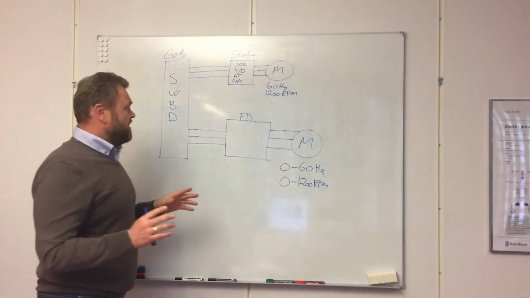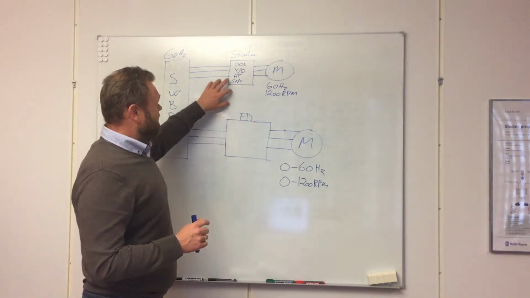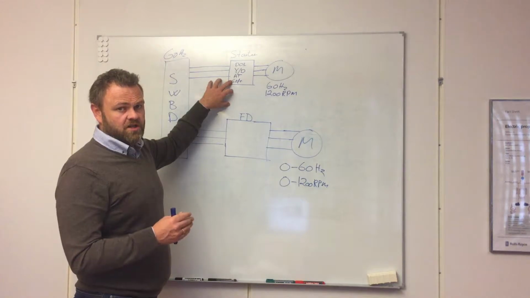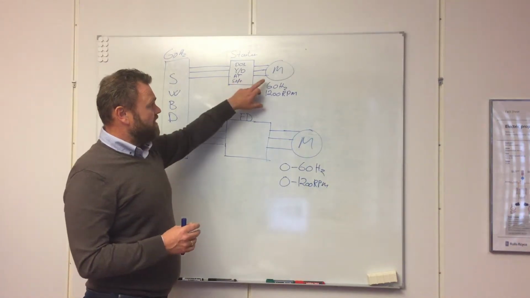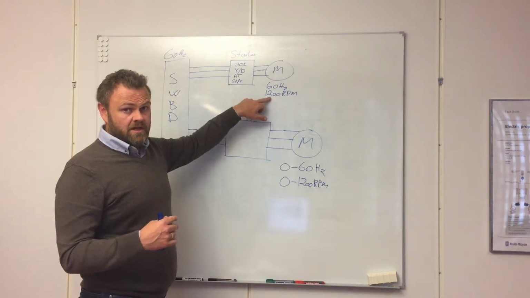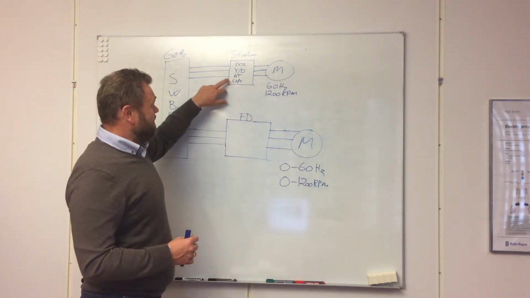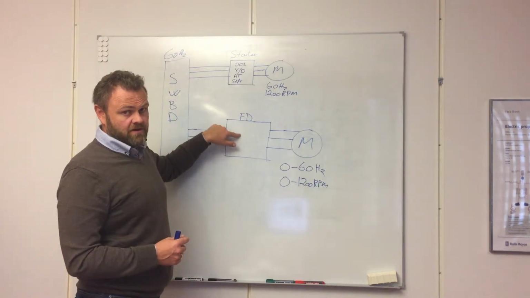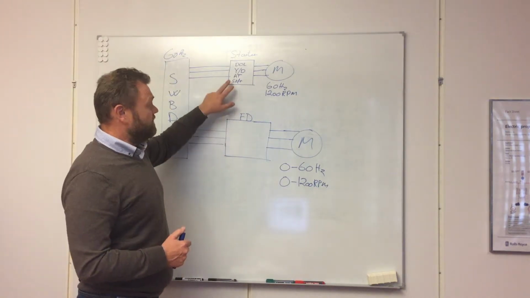Just in brackets here, a soft starter is a quite expensive starting device just for bringing your motor up to speed and having a stable frequency and stable RPM. So in many cases you can almost pick a frequency drive instead of a soft start.